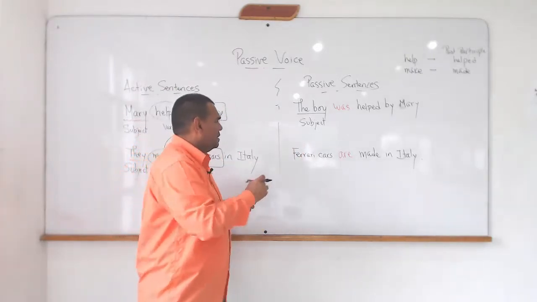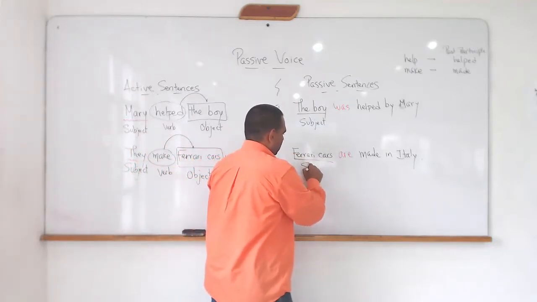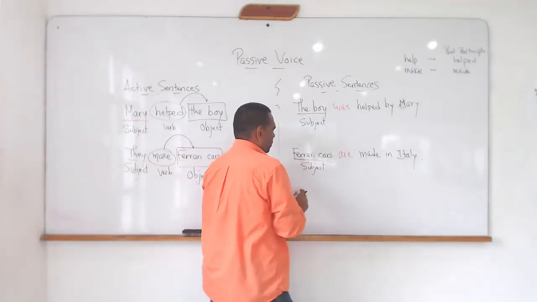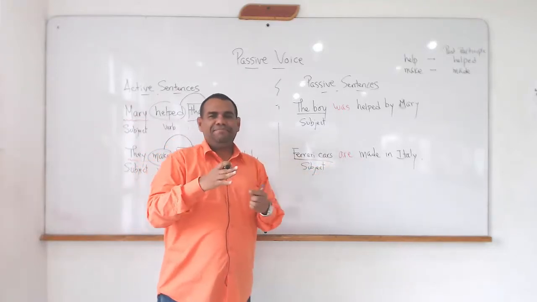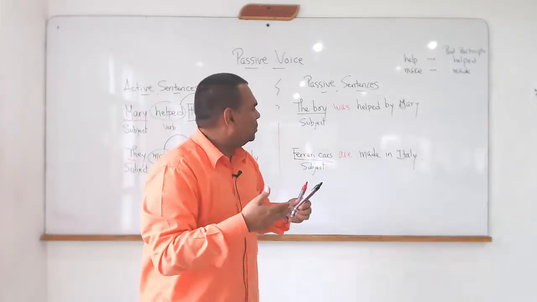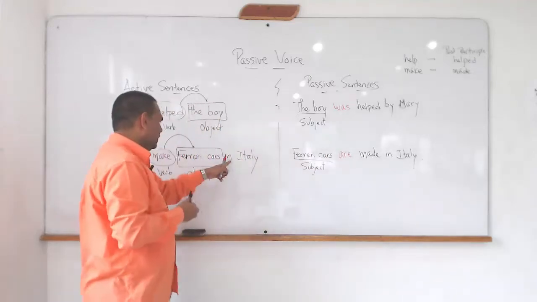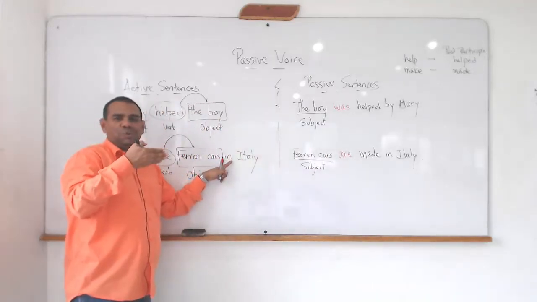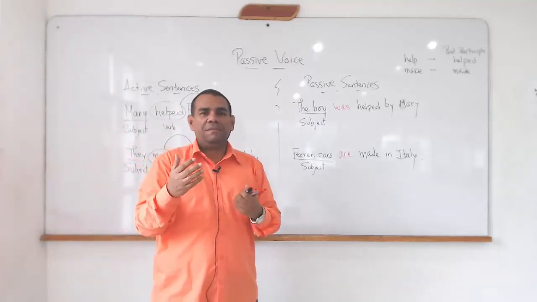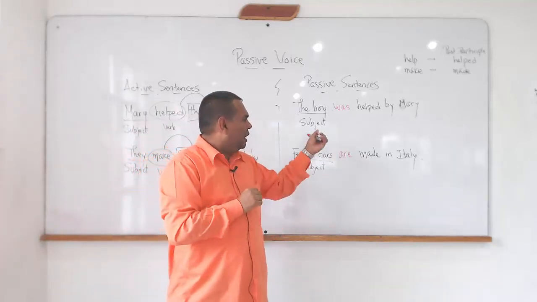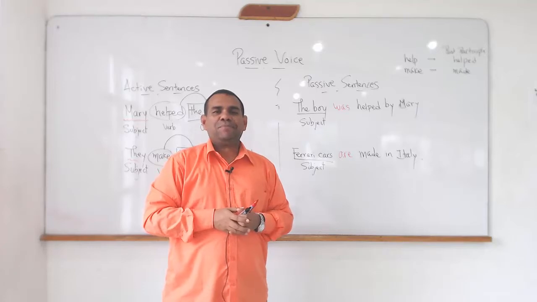So one more time, Ferrari cars constitute the subject, to be, past participle, and then additional information that was mentioned before, such as the place or maybe time, etc. It depends on what kind of information you include in the original sentence.